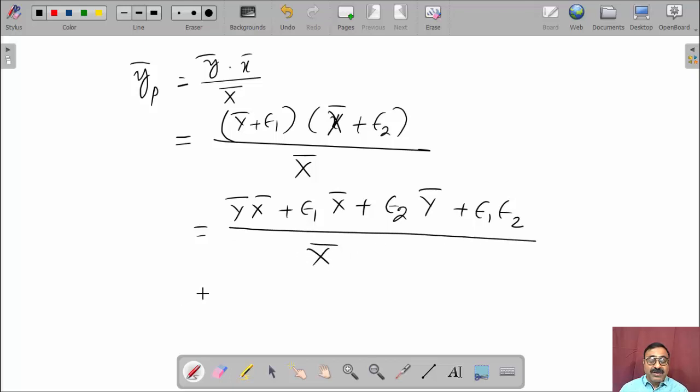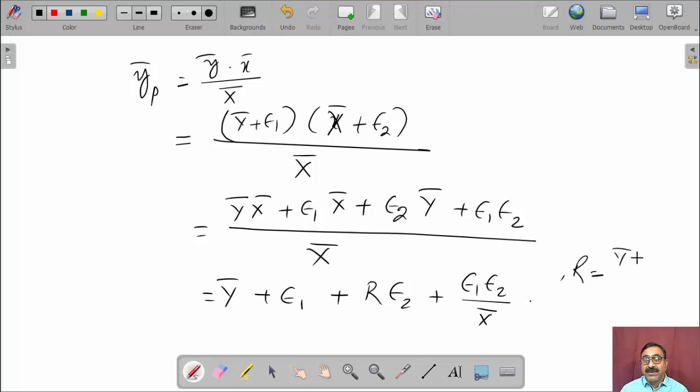So this is equal to Ȳ plus epsilon 1 plus R into epsilon 2 plus epsilon 1 epsilon 2 by X̄, where R is the population ratio, that is Ȳ by X̄.